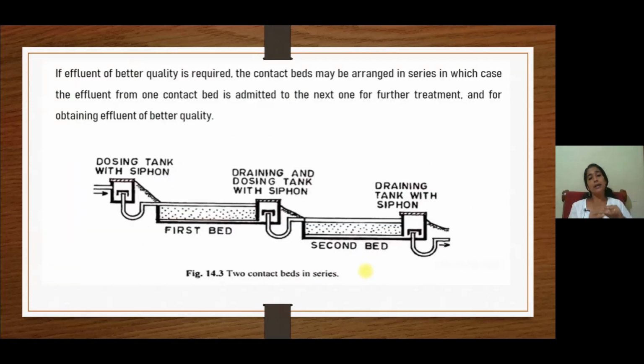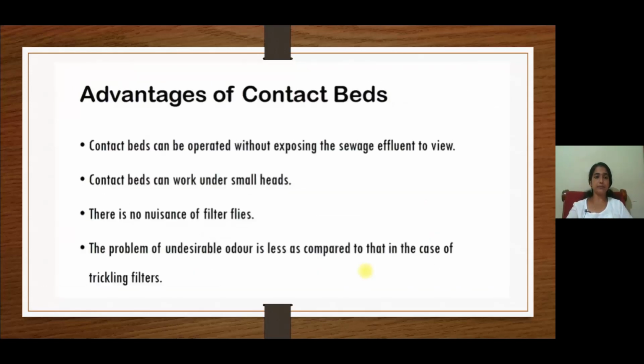If we want a better effluent quality, then we can connect these contact beds in series. That is, the outlet of the first bed is connected to the inlet of the second bed. Then the treated water will be clear, and the quality can be increased by doing this series operation.